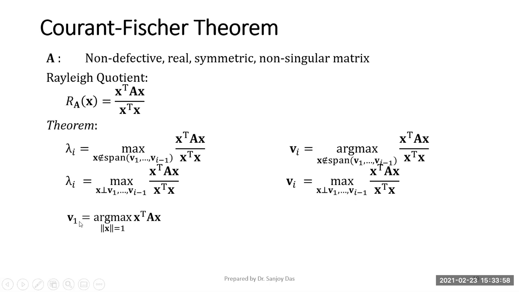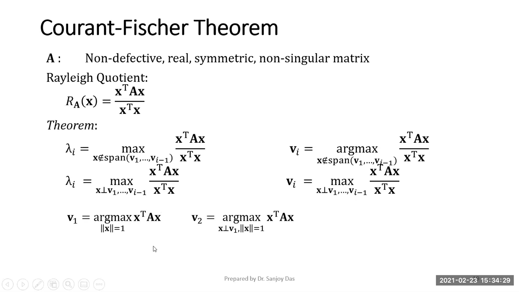V1, excuse me, argmax will be V1. And the maximum value of this will be lambda 1. Now, if I want to maximize X transpose AX, where X must be a unit vector, but with the additional restriction that it must be orthogonal to V1, then what should I do?